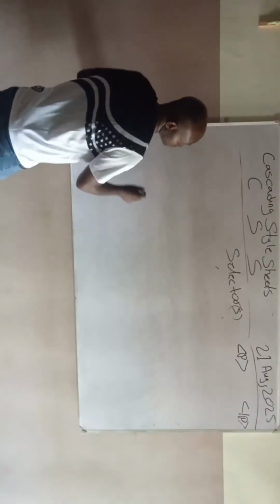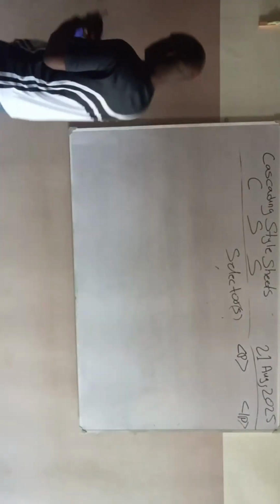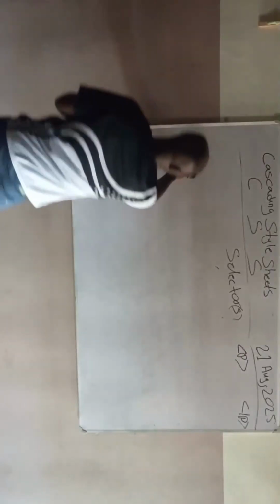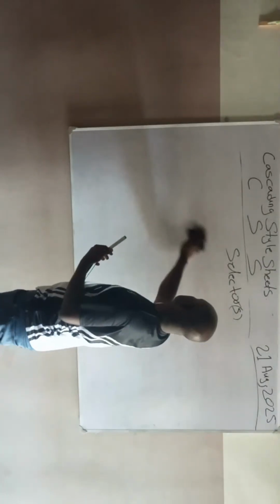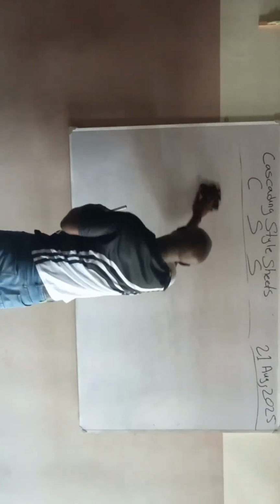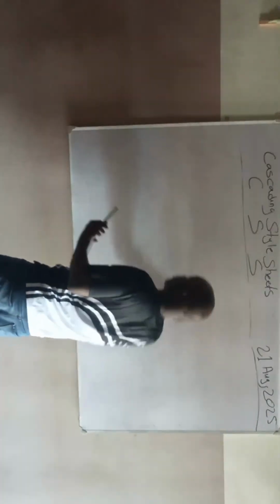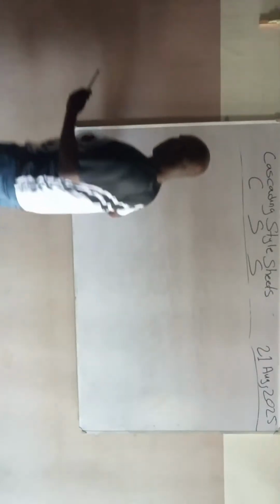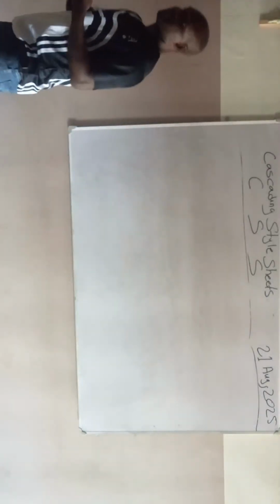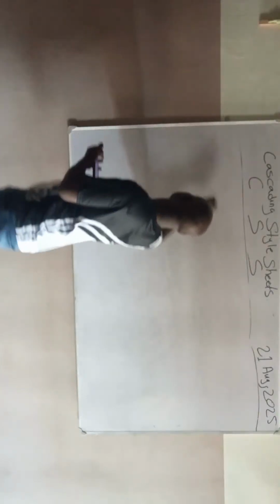So we now understand the simple selector, right? We now know what our selector is. And we now know the category of selectors, right? And we now deal with what?